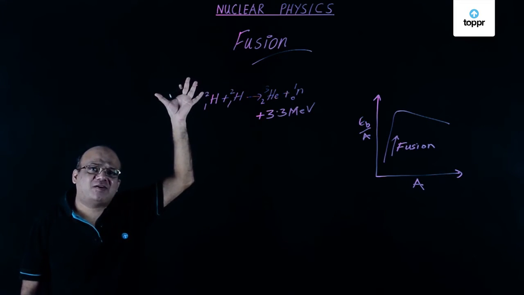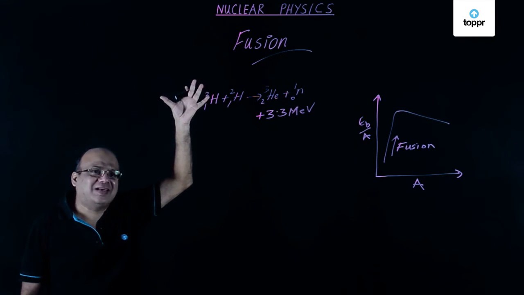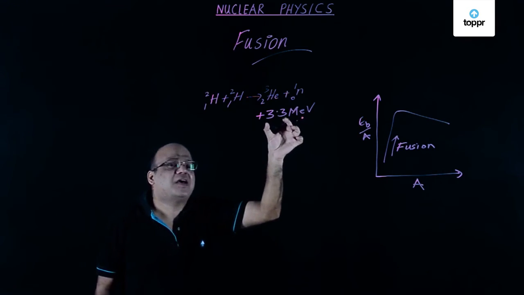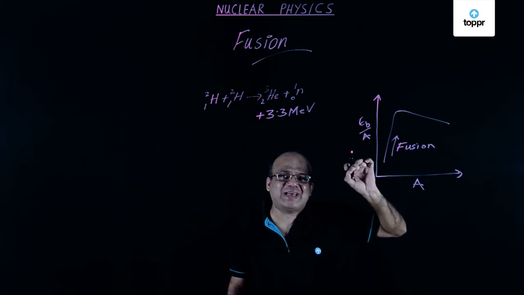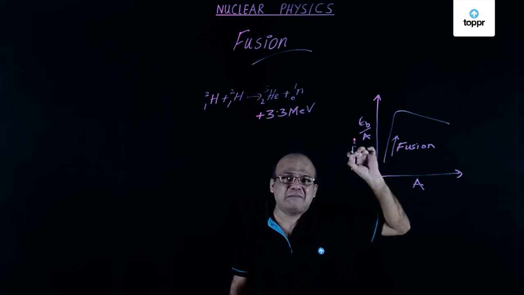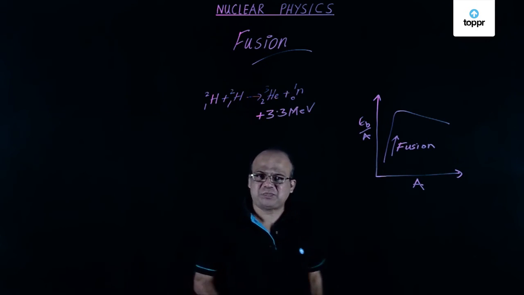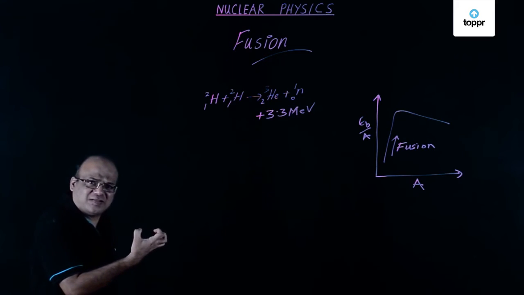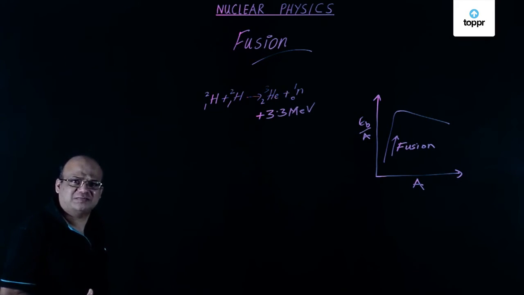Compare that with the mass of uranium-235 that underwent fission. The energy released per unit mass in fusion is more than the energy released per unit mass in fission. So in this process, per unit mass, you get more energy.